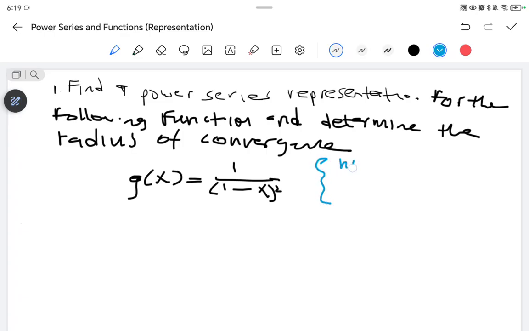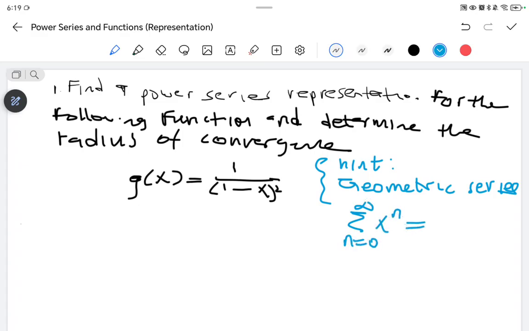Remember the hint: from the geometric series, we have that the sum as n goes from 0 of x to the n is equal to 1 over 1 minus x.